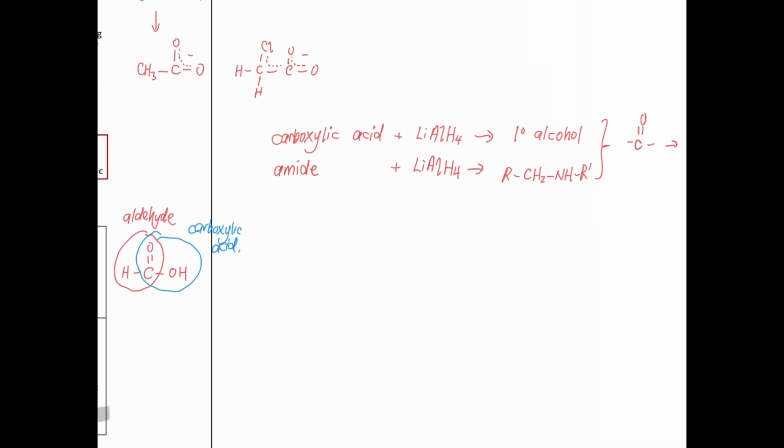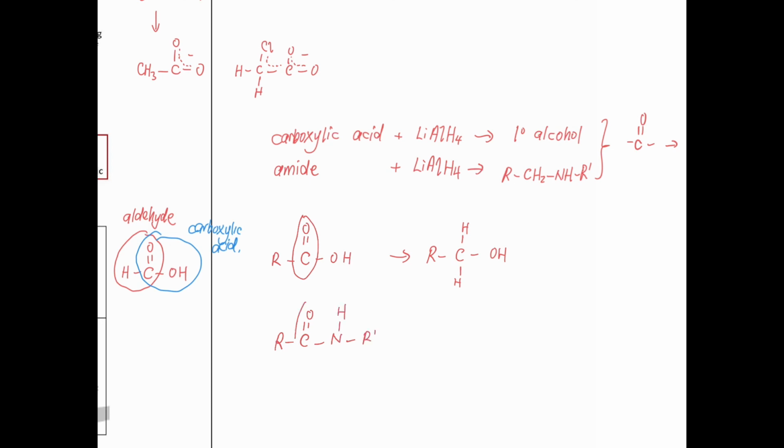Okay, let's see carboxylic acid. Carboxylic acid is C double bond O, O, H, and R. Now you focus on the C double bond O itself, then you put hydrogen up and down. So this is primary alcohol. For amide we learned a little bit just now, CONH, let's say here R prime.